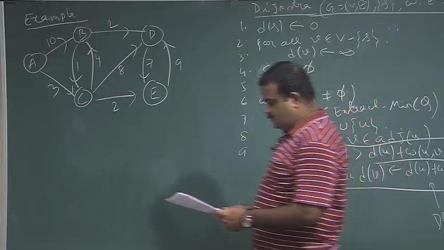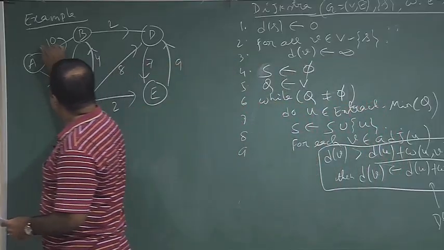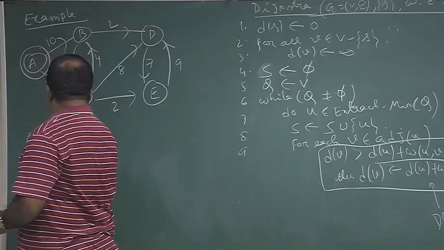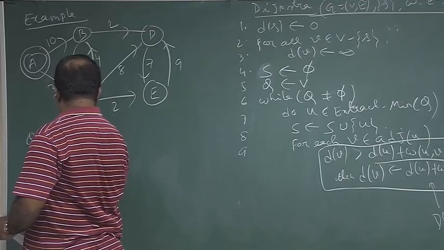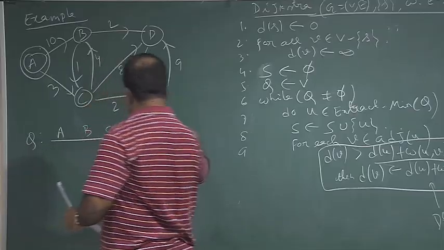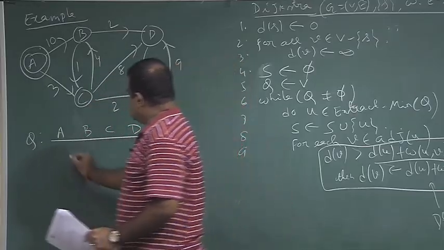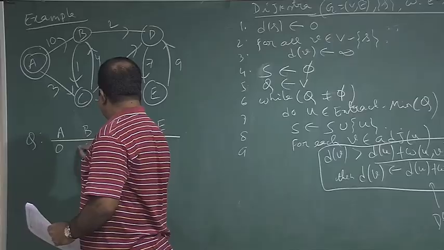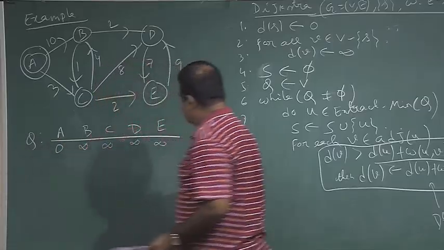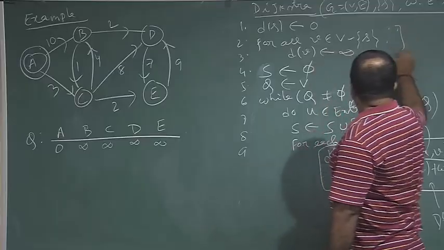Okay. Now suppose we choose this as the source vertex. So this is the priority queue: A, B, C, D, E. We are keeping the distance. The source vertex is 0, the others are infinity. That is what we do in the initialization step.